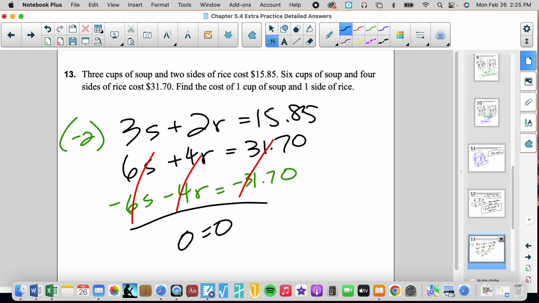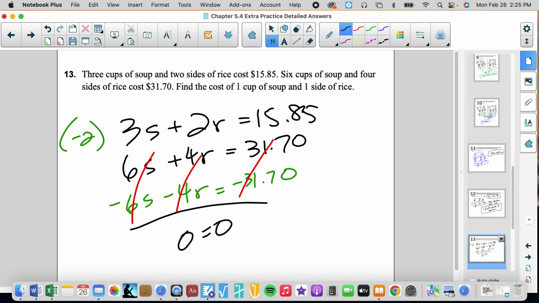So what does that mean as a solution? Find the cost of 1 cup of soup and 1 side of rice. Well, they're the same equation.